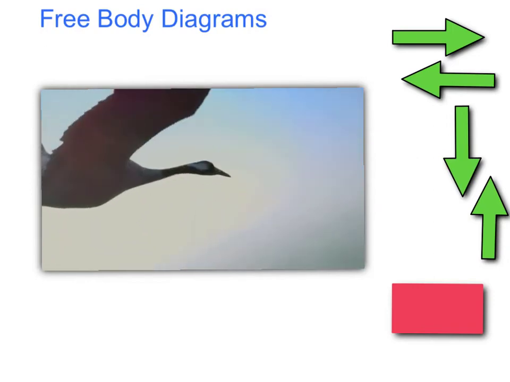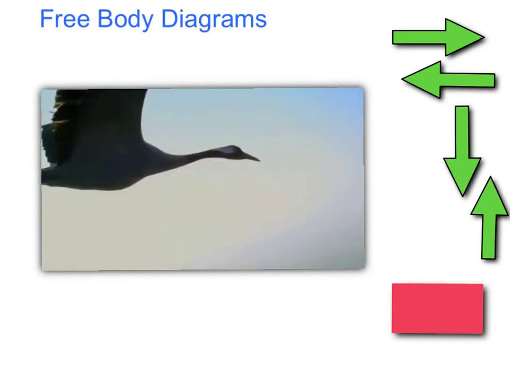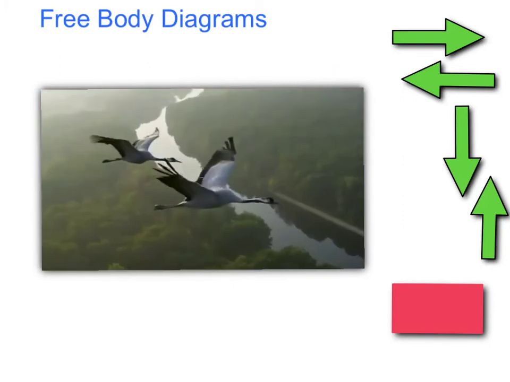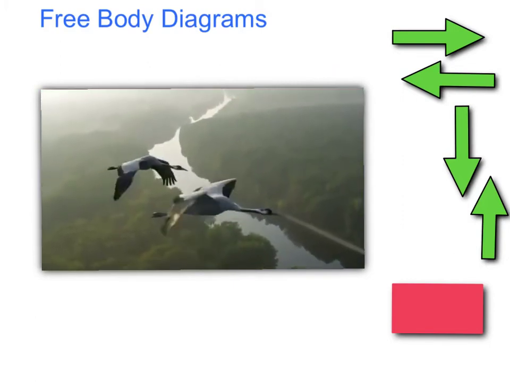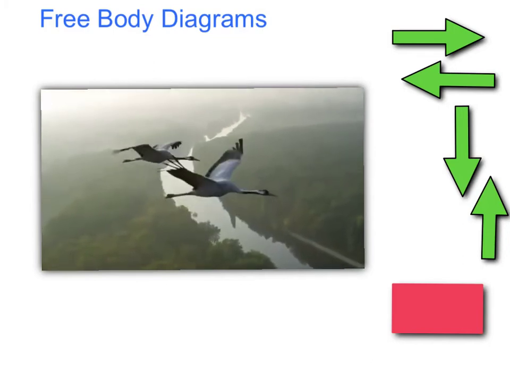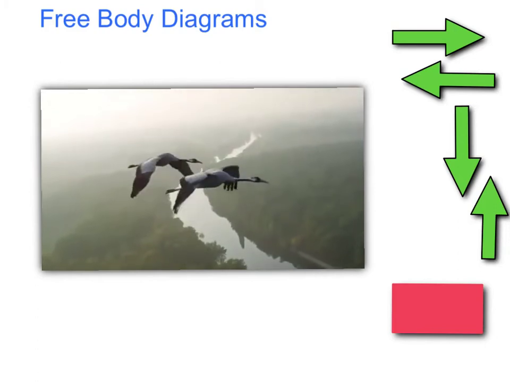Okay, let's see something a little bit more complex, real life. As stated before, any object can be represented with a free body diagram. In this case, geese are flying at a constant speed.